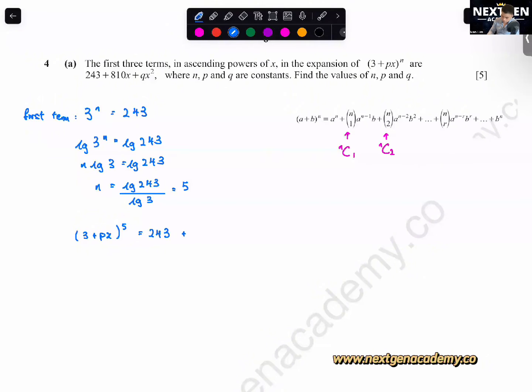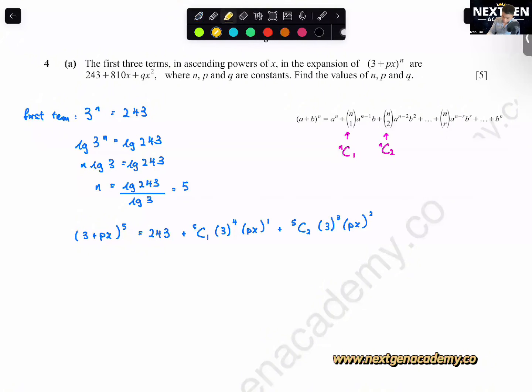So 5C1, a to the power of n minus 1. You need to remember the pattern, the power will go down, so this one will be 4, then b to the power 1. Second one, 5C2, 3 to the power of 3, px to the power of 2. Don't expand more, we just leave it until here.